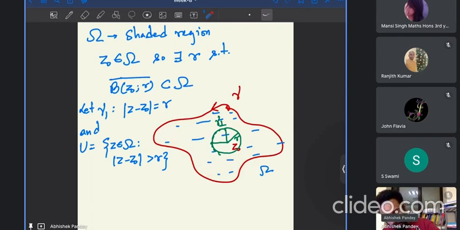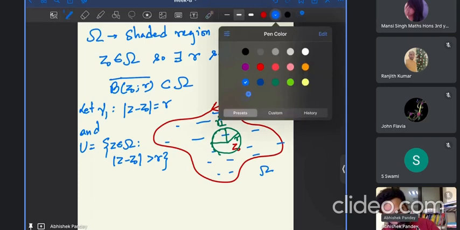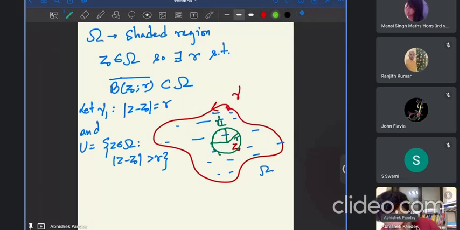Now what we're going to do is, let us join them by a line. So let us consider this line. This is your point A to point B. So let omega dash, this is omega dash.